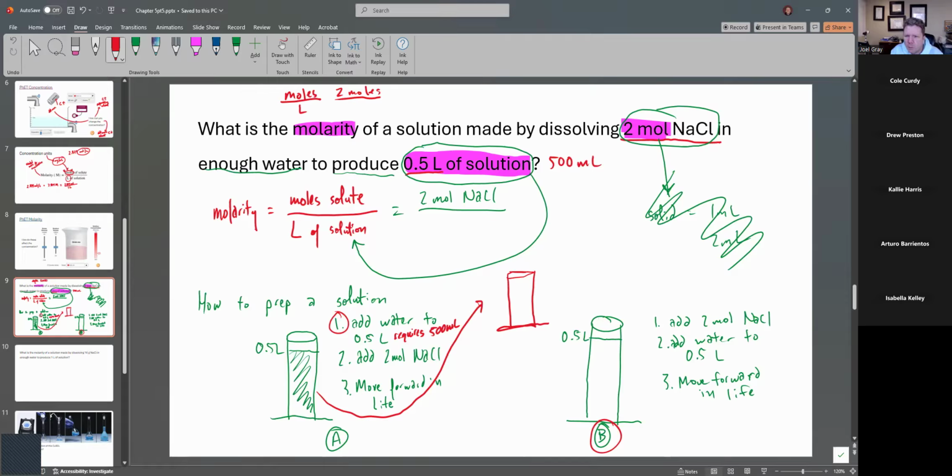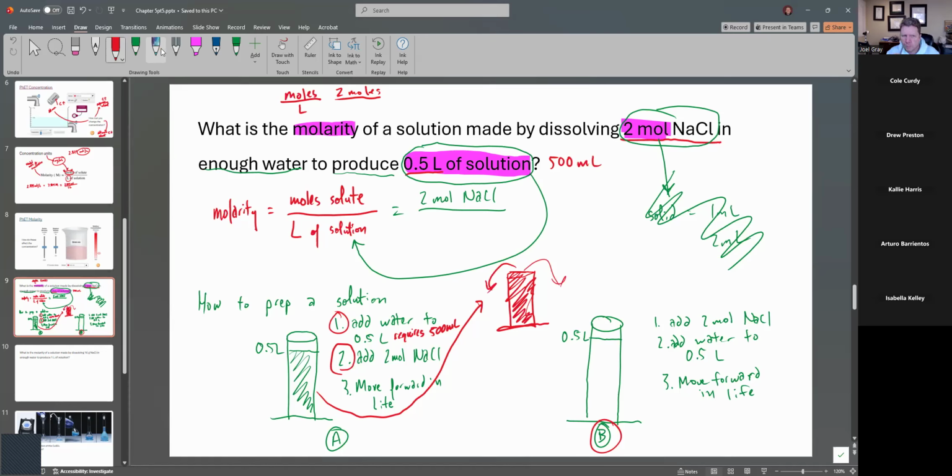So if we did step A and filled it up, it's filled to the brim. If you move the glassware at all, some of it's going to spill out. So we do step one, and then we go on to step two, and we add this NaCl. As soon as we add that NaCl, what's going to happen to some of the solution? It's going to overflow. Exactly.